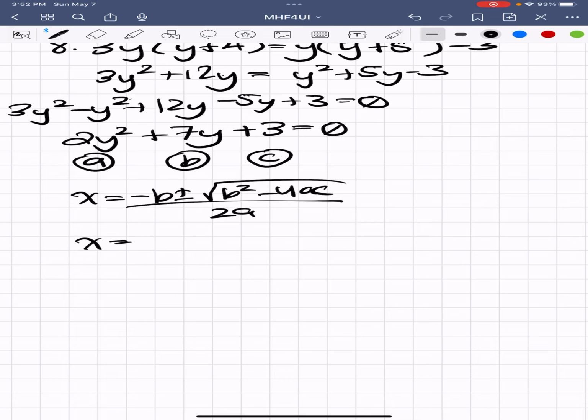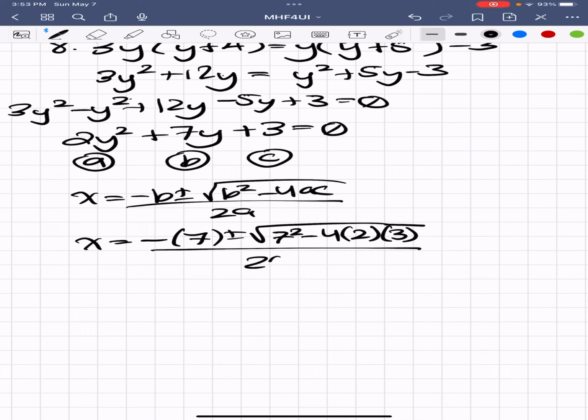Then we can sub everything in. It's going to be negative 7 plus or minus the square root of 7 squared minus 4. And we have a 2 for a and a 3 for c. All over 2 multiplied by 2.